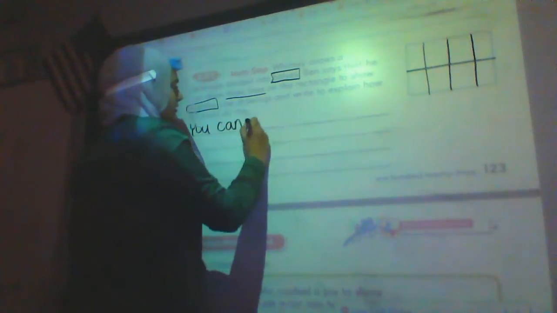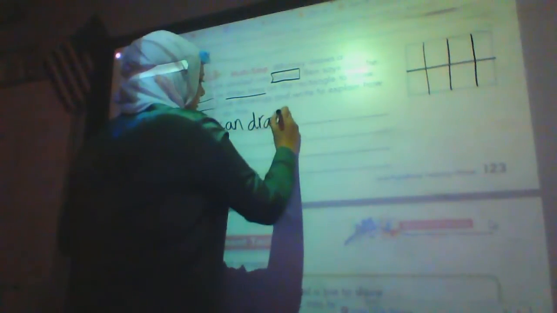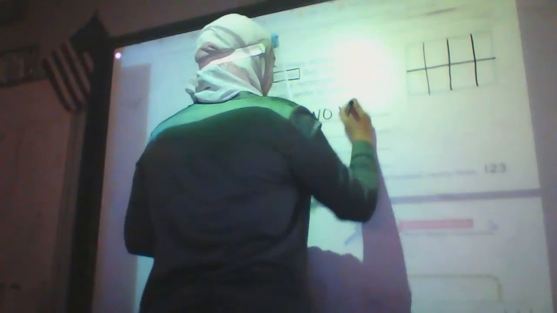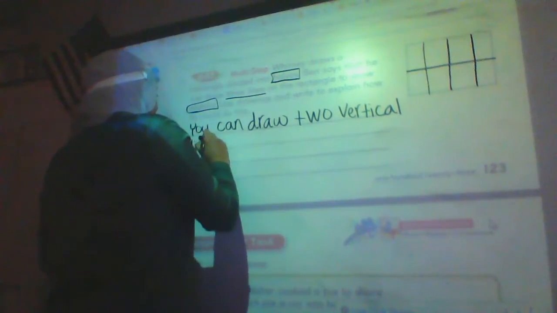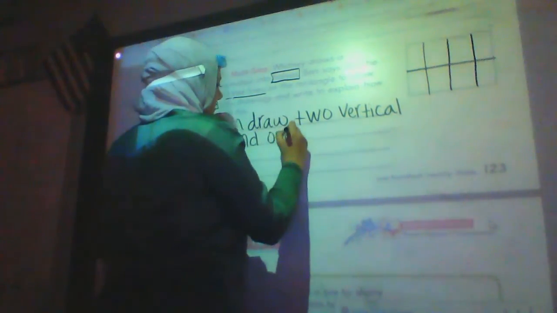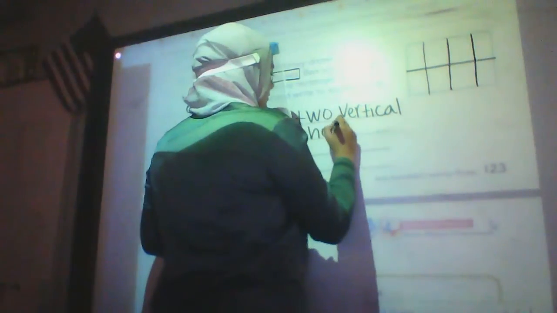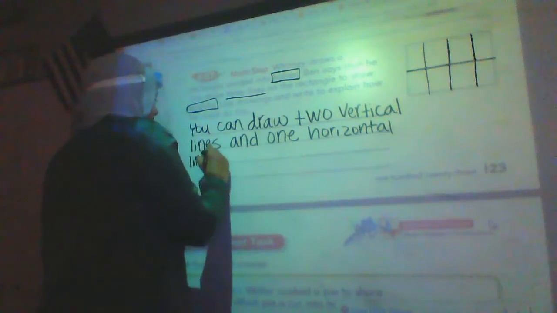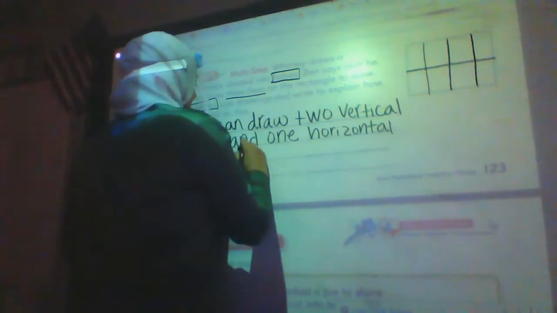You can, in your head, draw 2 vertical lines, and I'm going to move my head in a second, so don't freak out, and 1 horizontal line to cut, what is this?